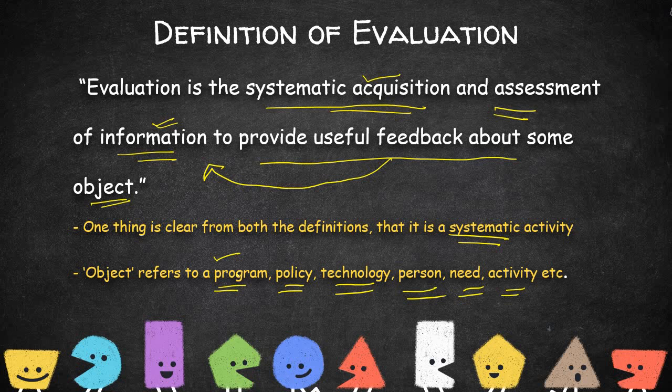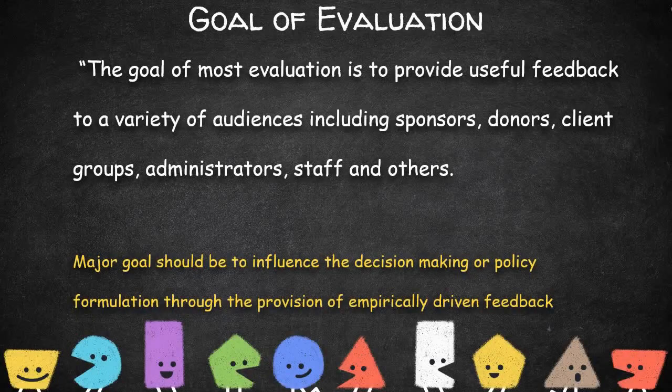So concerning a program, a policy, a technology, how good, how well is it, how something is happening, end goal or instrumentality, whatever we wish to assess, that is called evaluation. The goal of evaluation, in just one line, is to provide useful feedback to a variety of audiences, from sponsors to donors to clients, administrators, staff, and others.